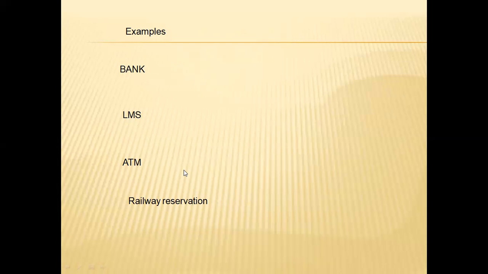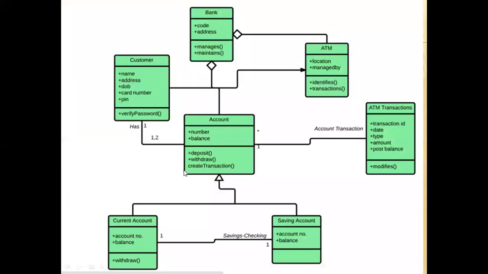Next one, bank. In the banking system there are different types of objects. For example, you are using a bank. The bank has some code and address, and the bank has some customers. Every customer has some properties.